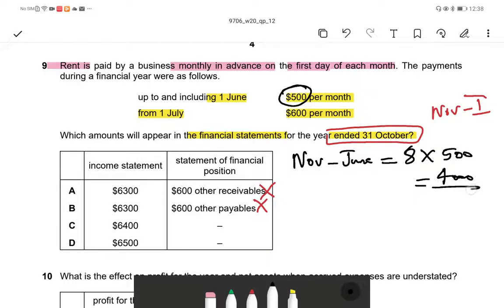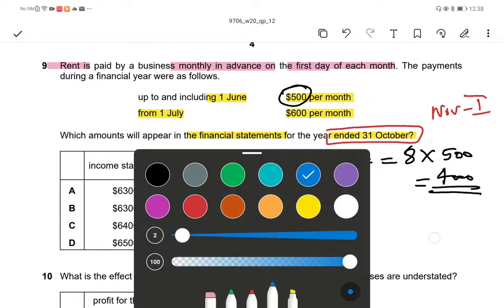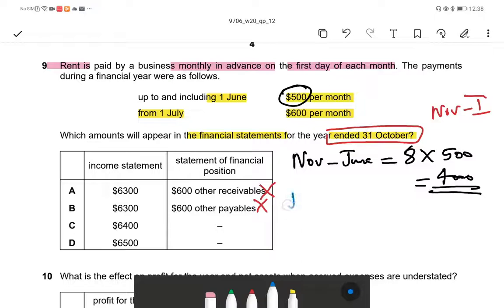4,000 until June. Next we have July to October. How many months? 4 months.